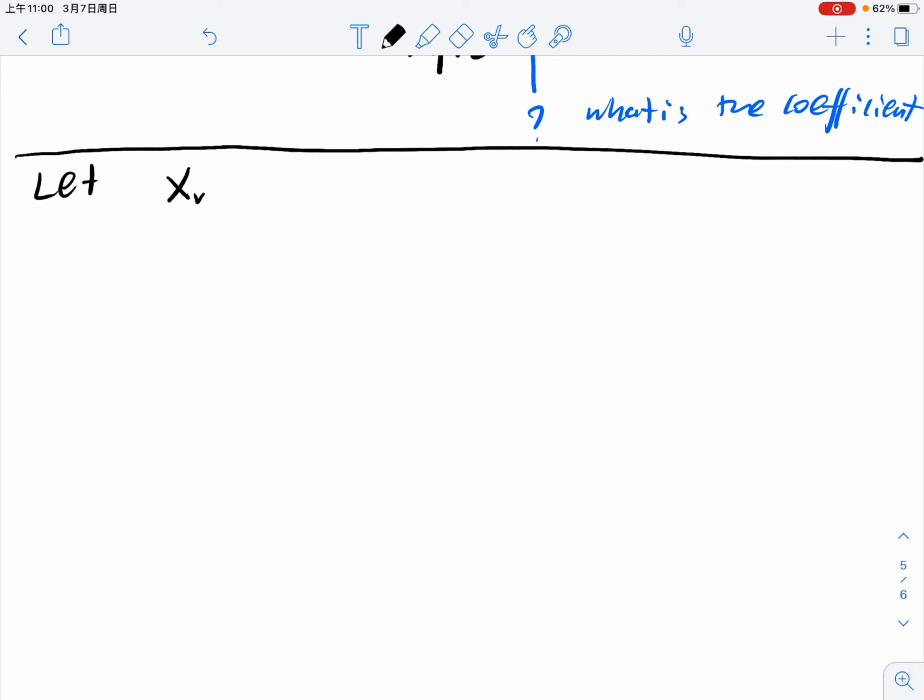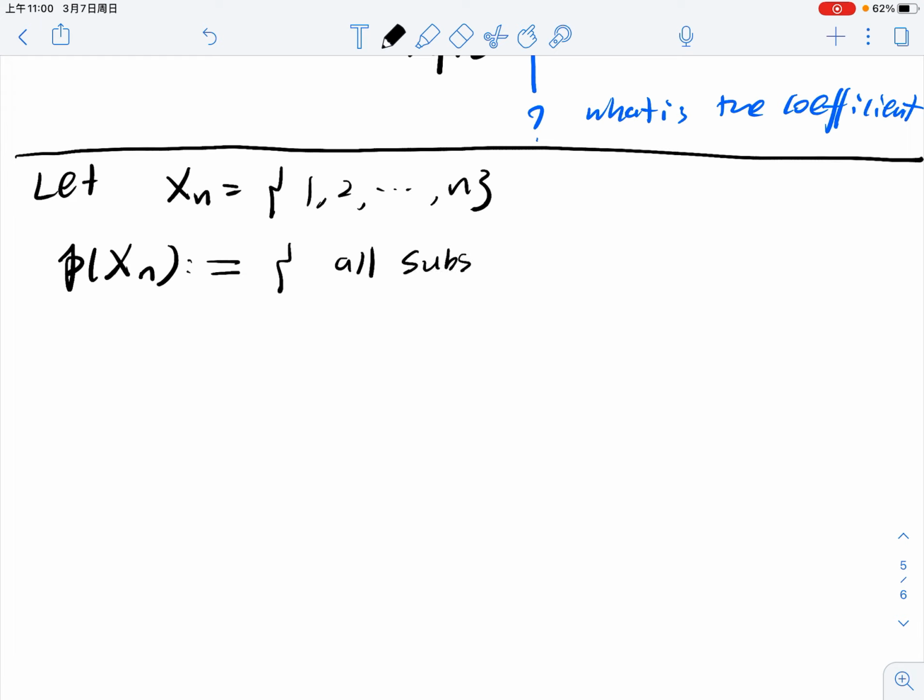So for simplicity, let's denote the set 1, 2, 3, 4, all the way to n by Xn, and define P(Xn) as a set of all subsets of Xn. This is well defined.